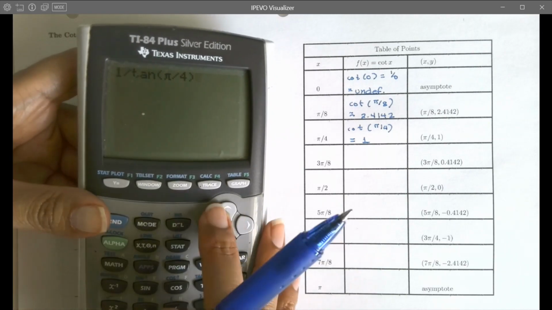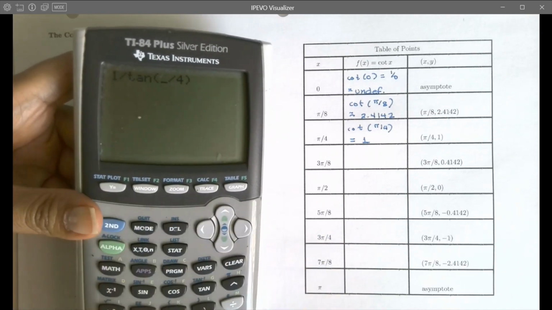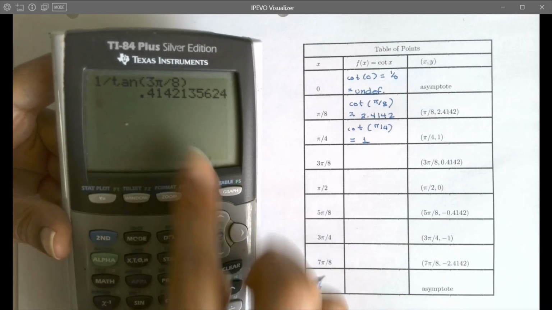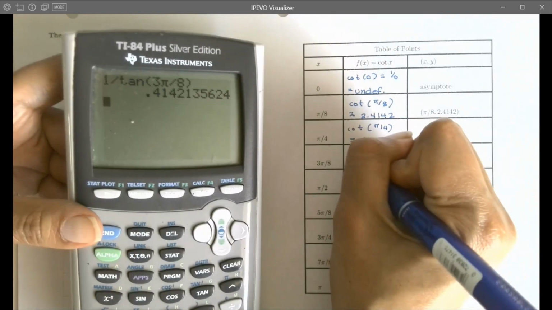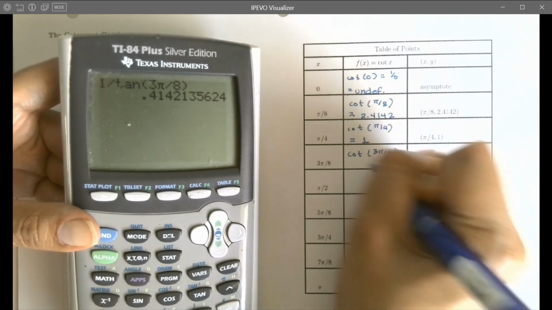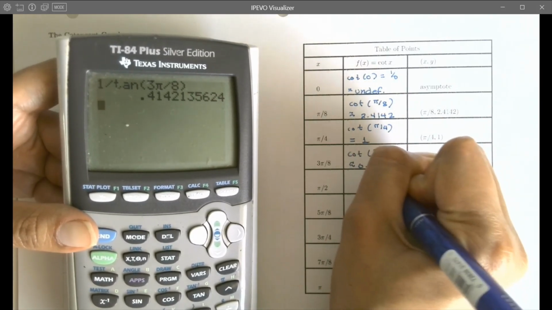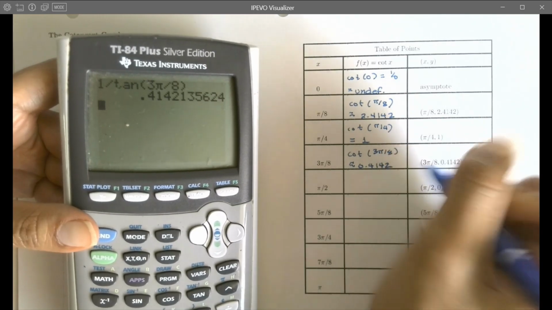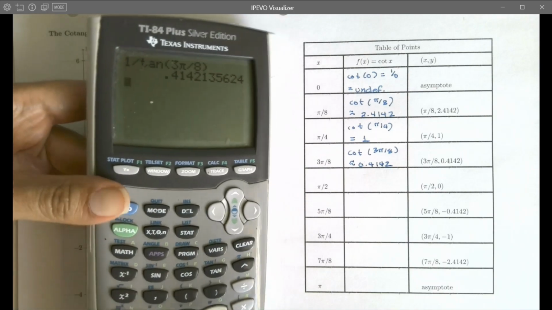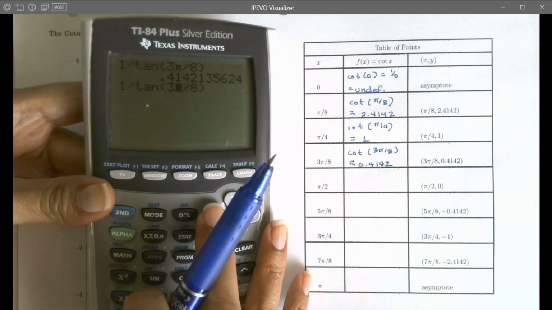Let's try 3 pi over 8. Okay, that's approximately 0.4142. Okay, so that's correct. And we'll check one last one, pi over 2.